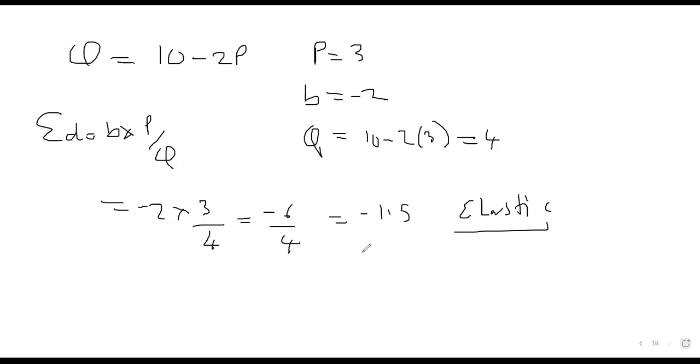All right. So demand can also be given in a multilinear way, where we're given 10 minus 2px, plus 3py, plus 10m. So this is good x, and we call that own-price elasticity of demand.